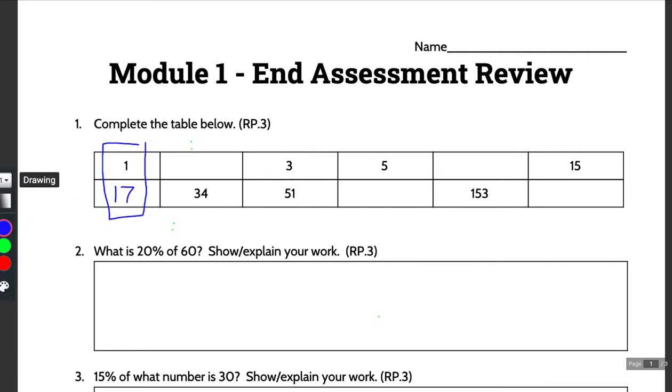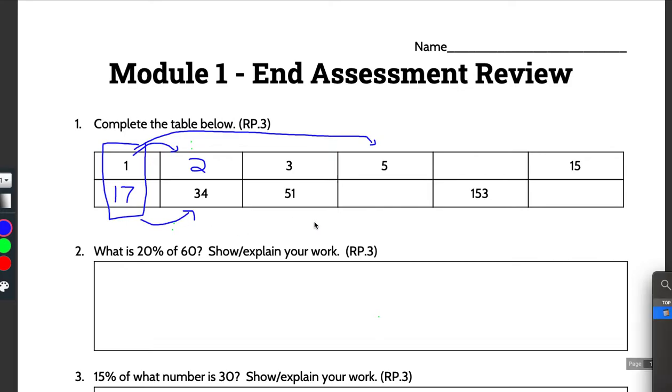How do you get from 17 to 34? That's times 2. So 1 times 2 would be 2. How do you get from 1 to 5? Well, 1 times 5 is 5. So 17 times 5 is 85.